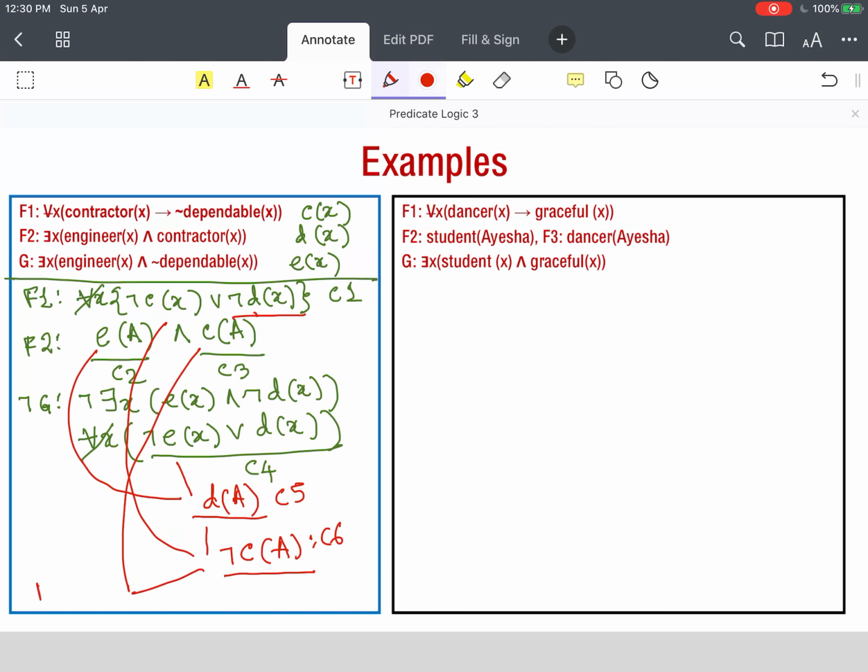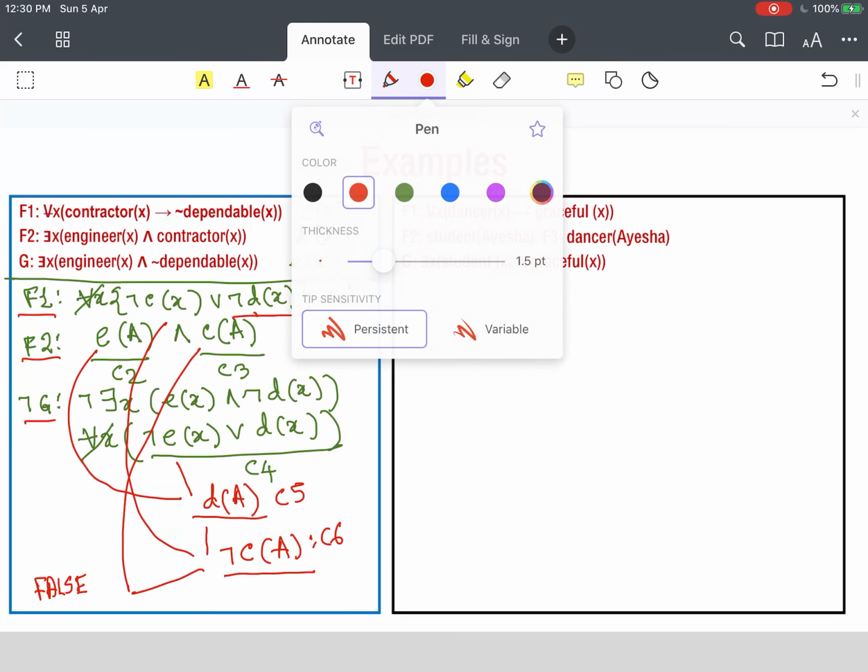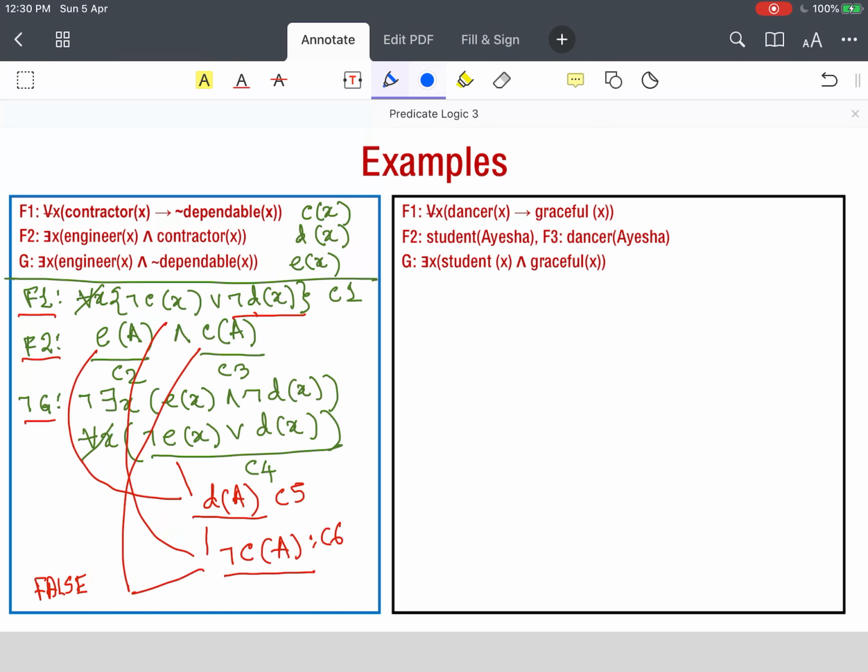We get C6. Now C6 and C3 will give us false. So these are the steps. We convert F1, F2 and not G into clausal form, and then use the resolution refutation rule.